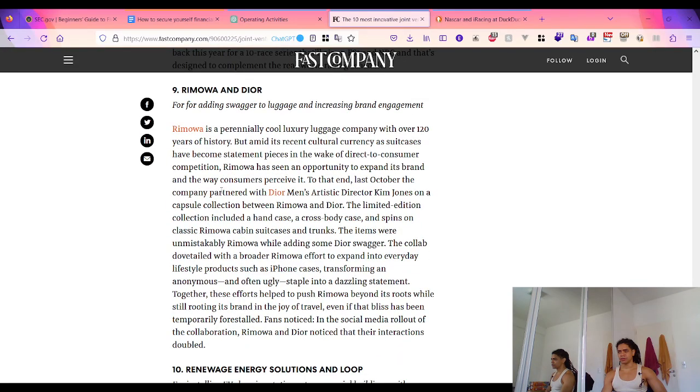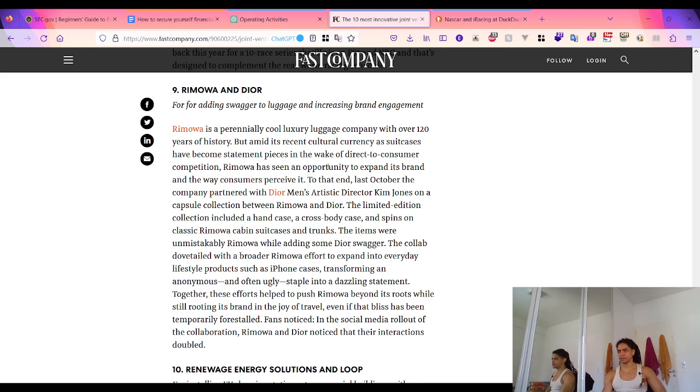Rimowa and Dior. Perennial luxury luggage company with over 120 years of history. But amid its recent cultural currency, suitcases have become statement pieces in the wake of direct-to-consumer competition. Rimowa has seen an opportunity to expand its brand and the way consumers perceive it.